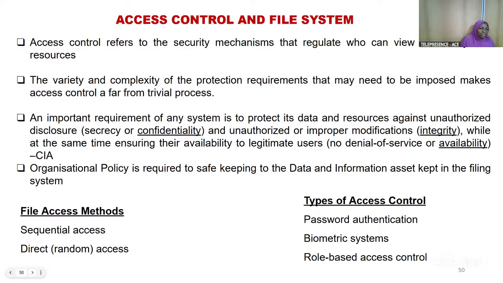What is being mentioned in computer parlance is CIA. C for confidentiality. That is, your data and information assets must not be something that just anybody will be able to know what is there. You have to protect it against unauthorized people. So that first letter C comes in there, confidentiality.